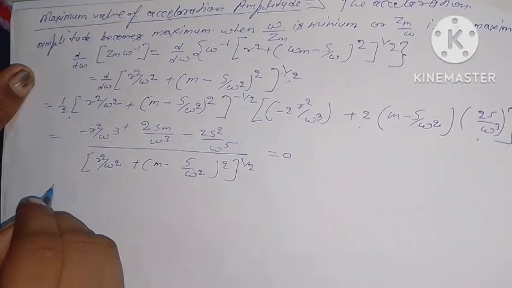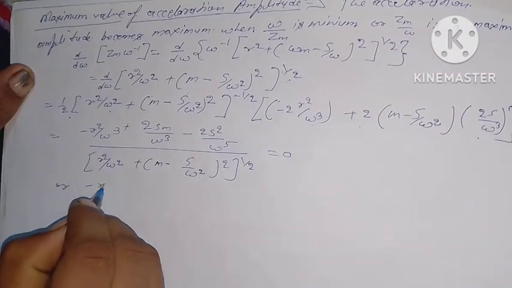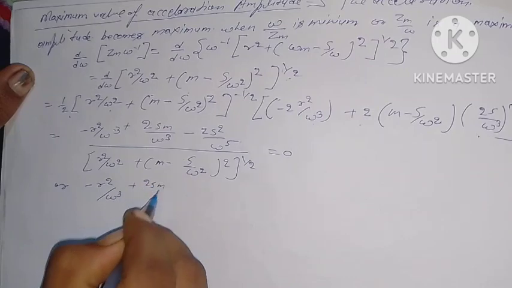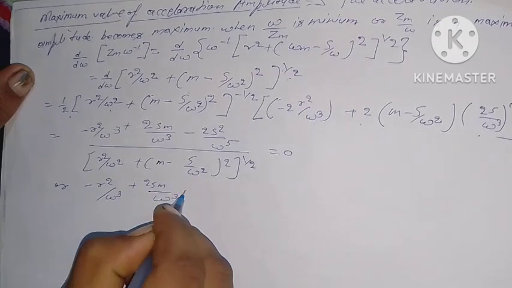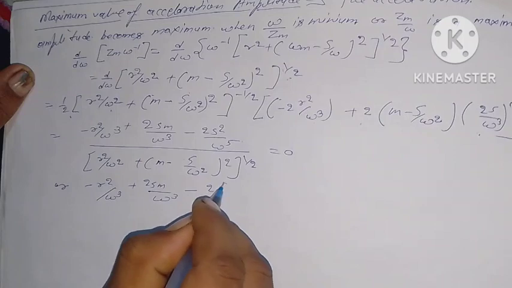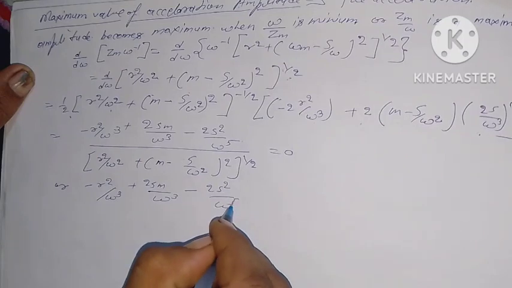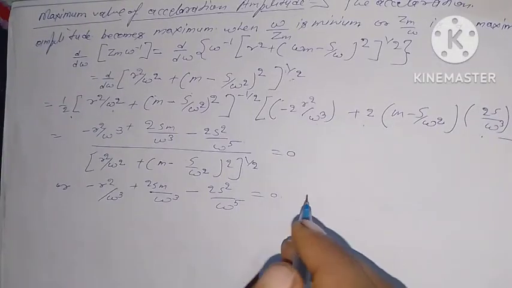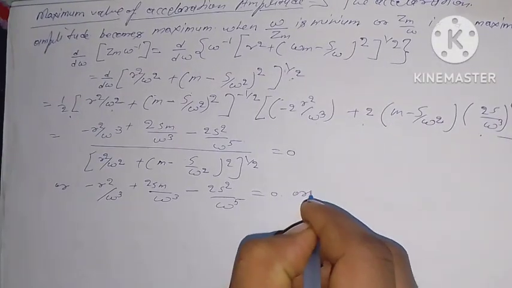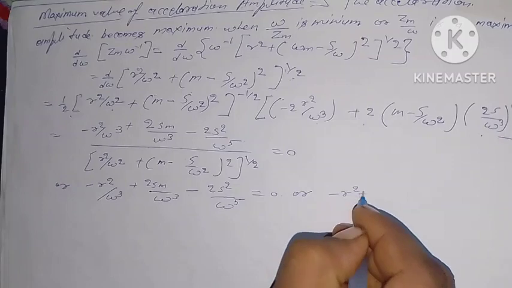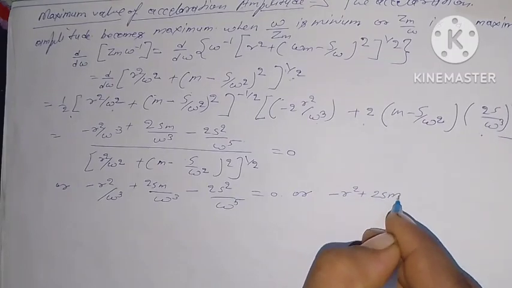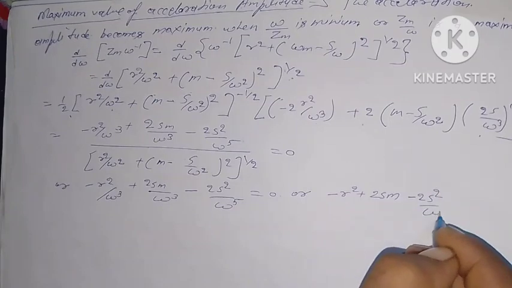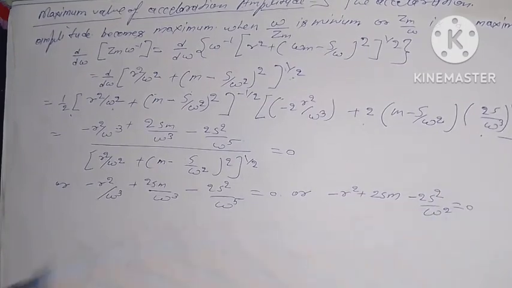Okay. Minus r square by omega cube plus 2sm by omega cube minus 2s square by omega to the power 5 equal to 0. That is, minus r square plus 2sm minus 2s square by omega square equal to 0.